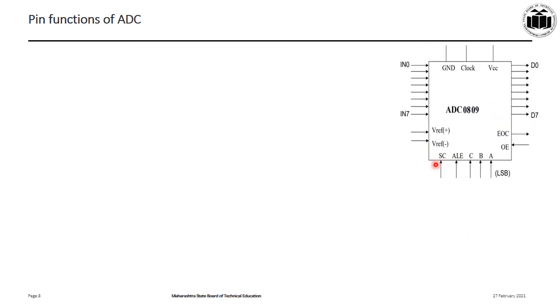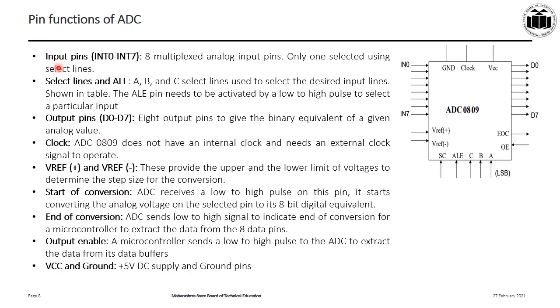The pins of ADC for circuitry purposes. Now it has 8 multiplexed analog inputs from IN 0 to IN 7. Select lines and ALE. There are 3 select lines ABC to select any one of the inputs which will be converted to output.